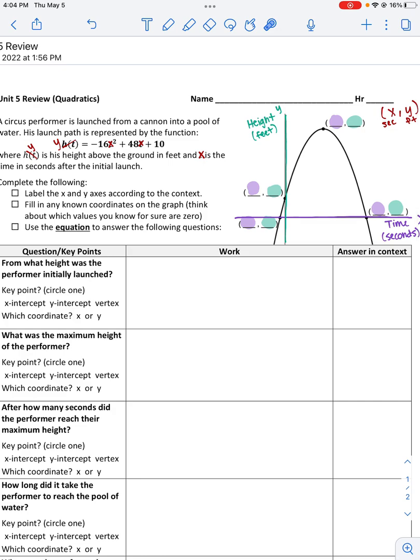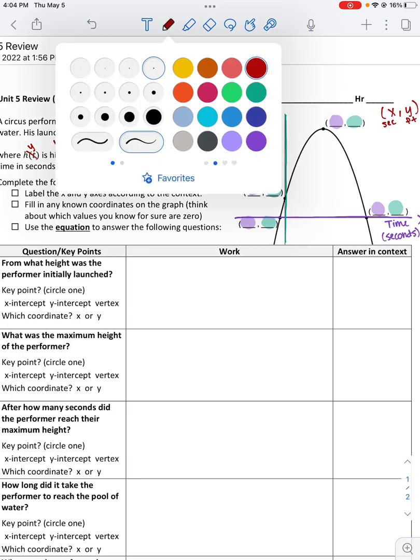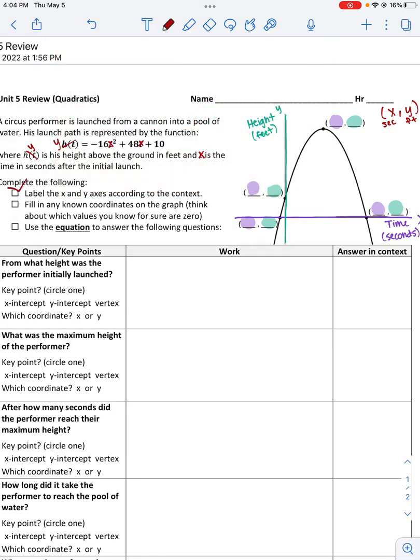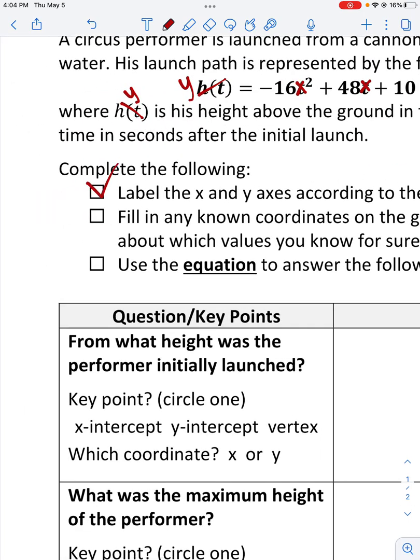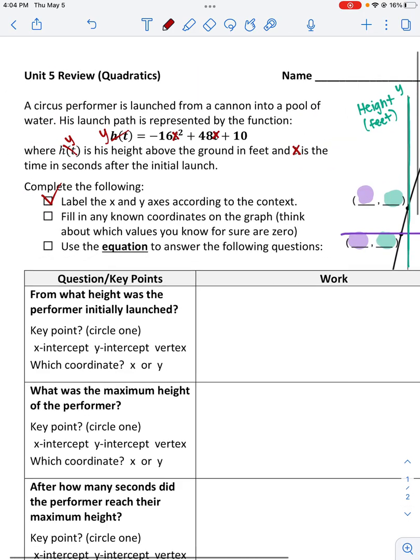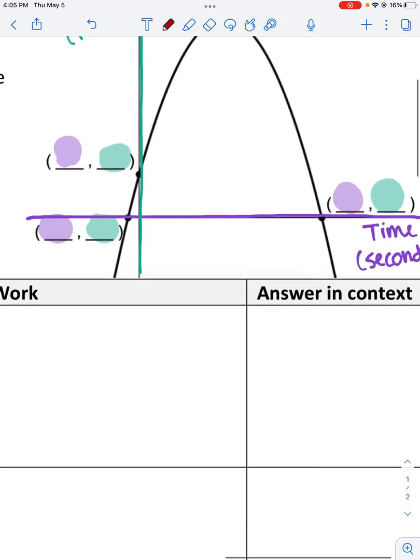All right, so then our next step, so we labeled the x and y axes, and then we're going to fill in any known coordinates. So anything that is an intercept, we for sure know one of the coordinates is going to be a 0. So I'm going to look at my graph. Intercepts are where this black parabola will cross the purple line or the green line.